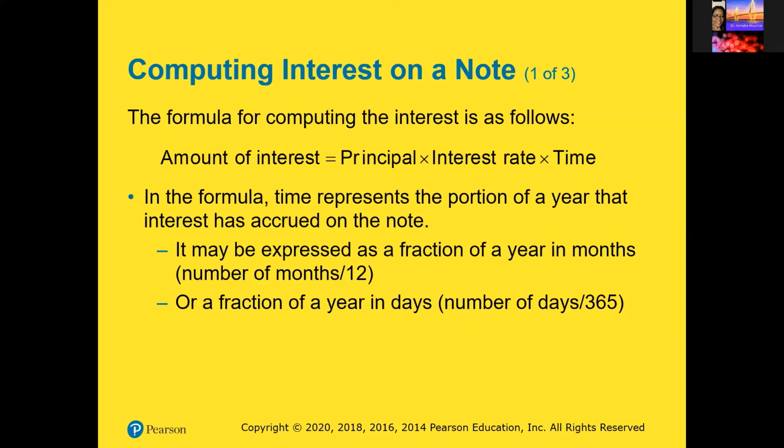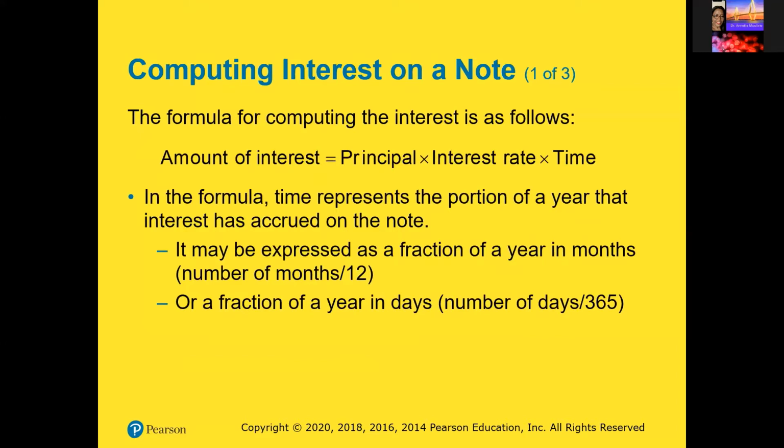At the end of the accounting period, if the note is not yet due, interest will need to be accrued. The approach is fairly straightforward. Of course, the amount of interest is equal to principal times the interest rate times the fraction of a year that the note has been outstanding. So the formula for computing the interest is: interest equals principal times interest rate times time.